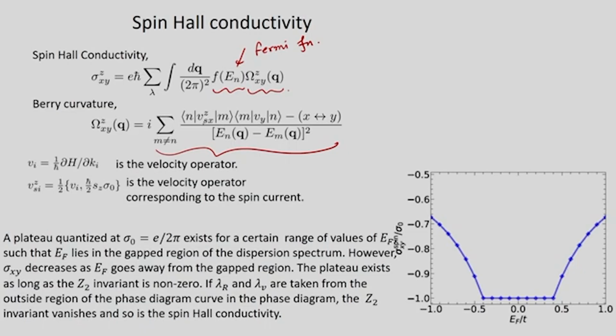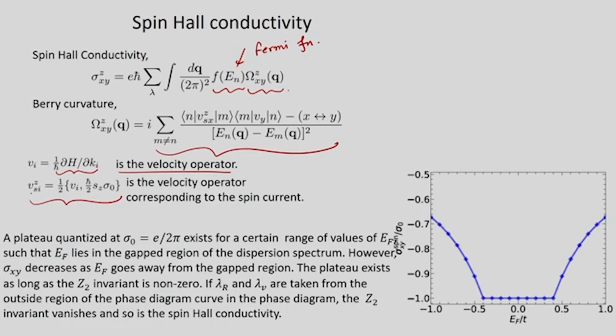The velocities are calculated from the gradient of the Hamiltonian with respect to kx and ky, so for Vx you take del kx, and for Vy you take del ky. The only thing that is important is that this is the velocity operator, but that is not what is used here. You use the spin velocity, the z component, which requires one to calculate the anti-commutation relation of these quantities.